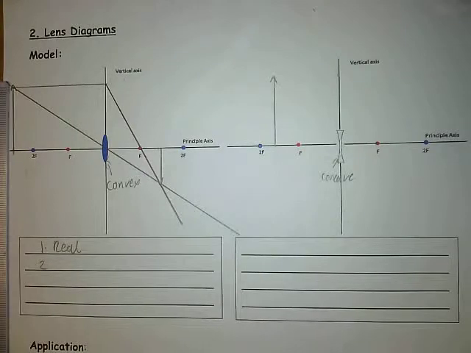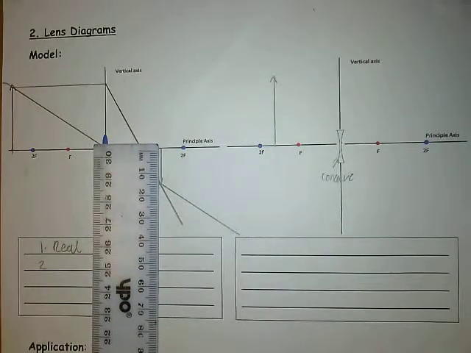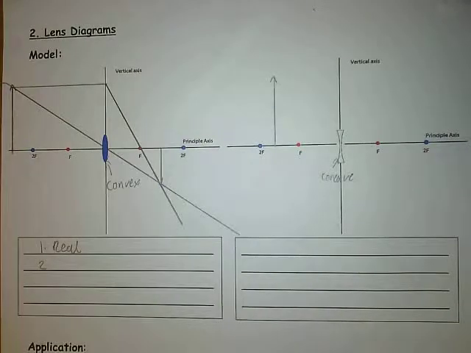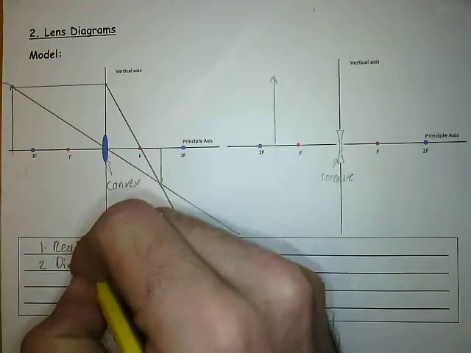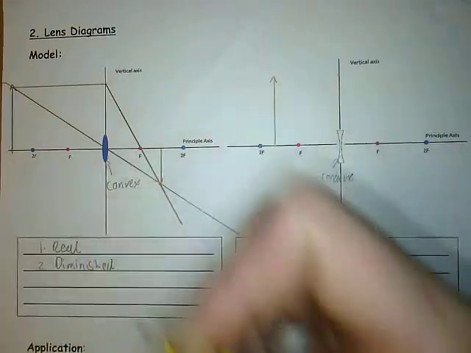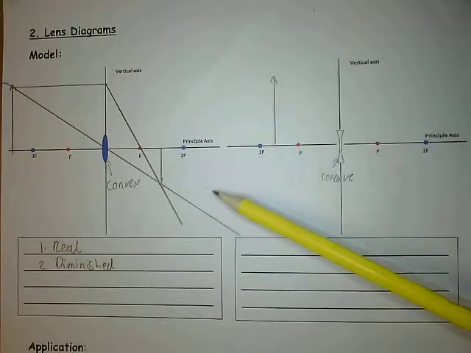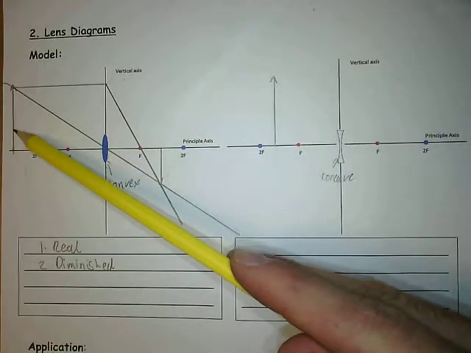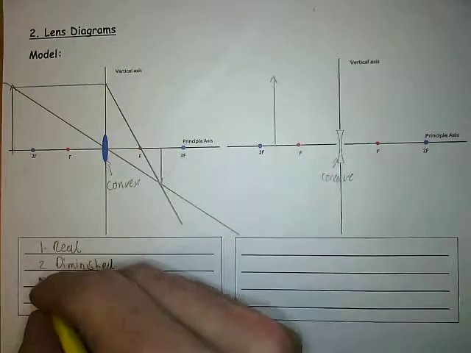Yours will be half the size of this, but it's 3 centimetres and about 1.5 centimetres. So it is diminished. And last thing, is it upright or is it inverted? This is not upright, it's the opposite. So it is inverted.